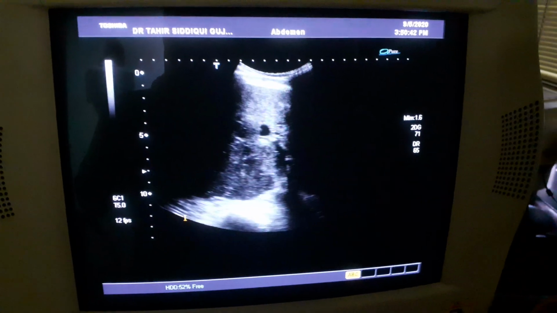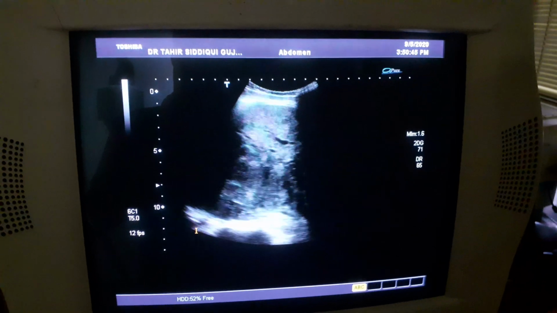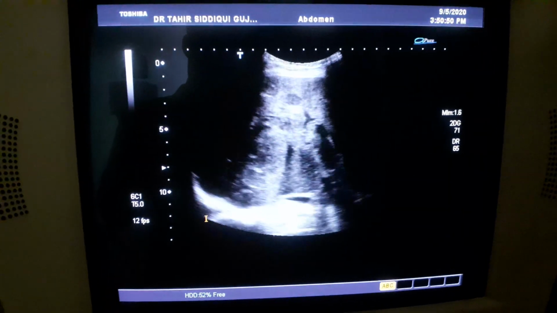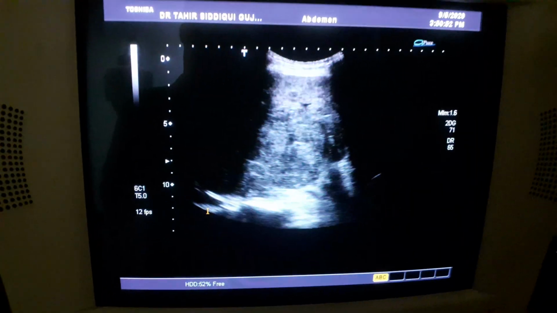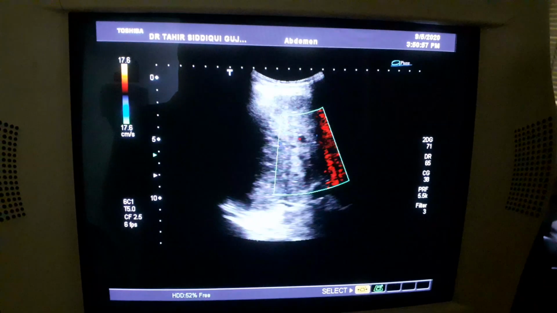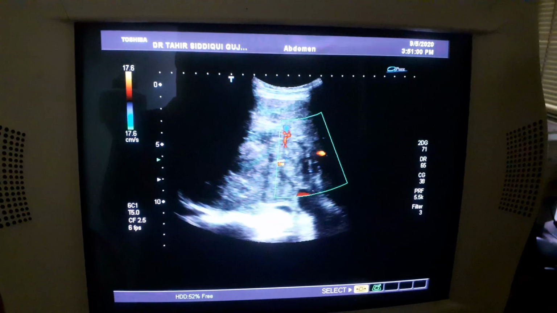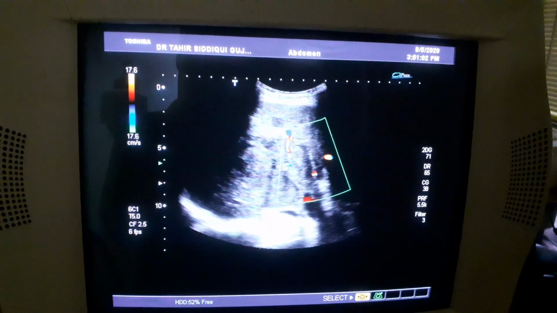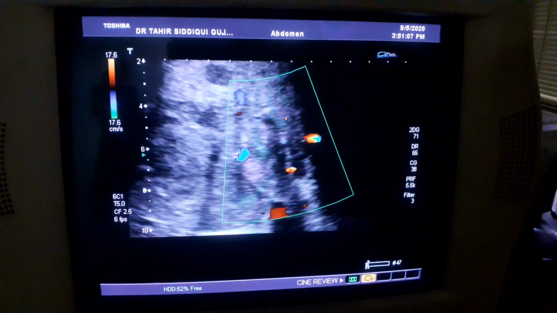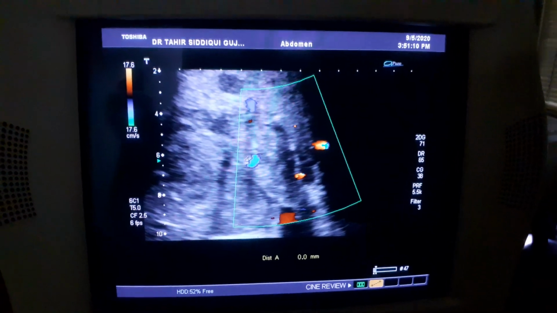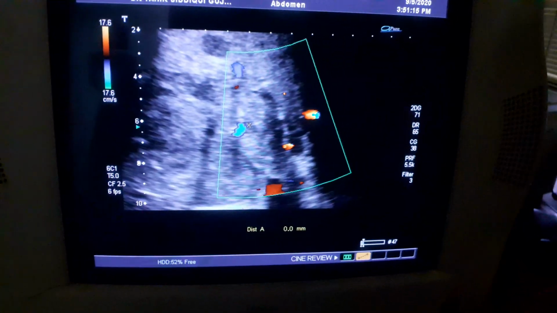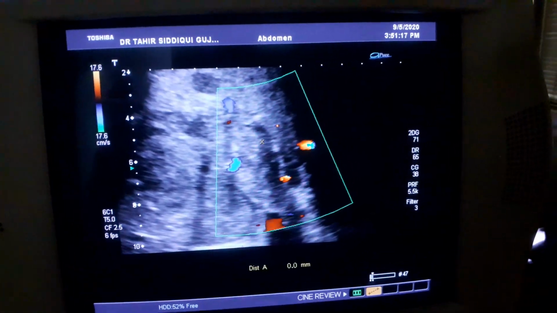What I am doing now is trying to see if I can get you the portal vein again. It's all messed up, but this is the portal vein. This is the portal vein, and it is filled with heterogeneous clot, tumorous clot, we will say that.